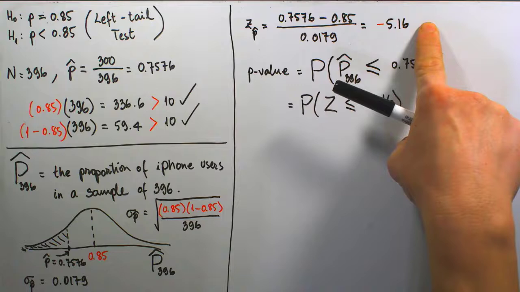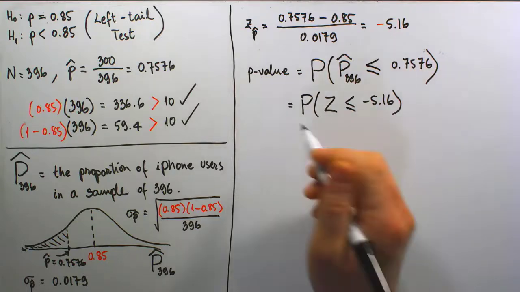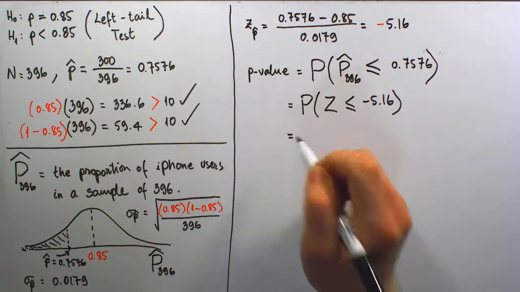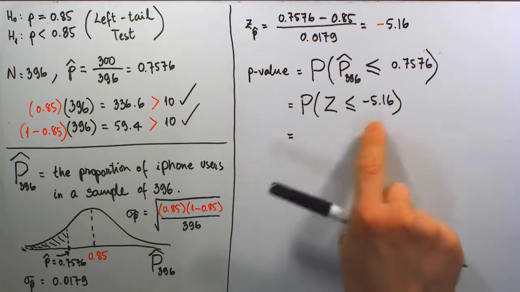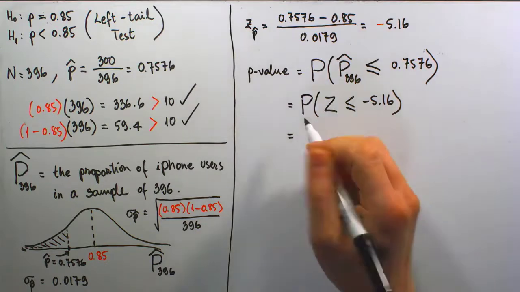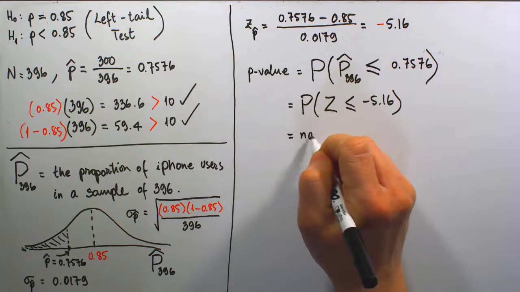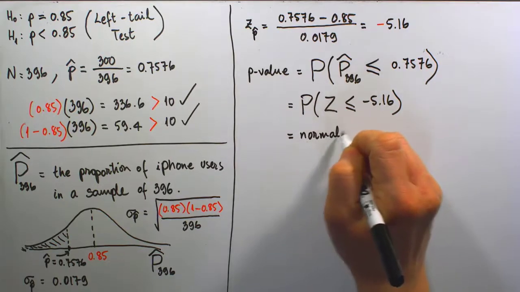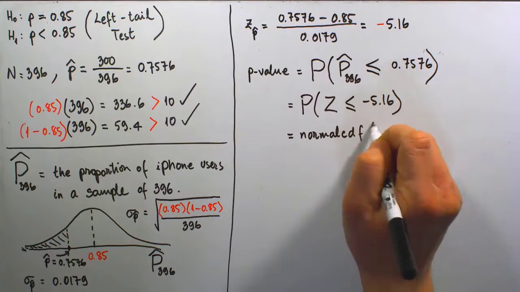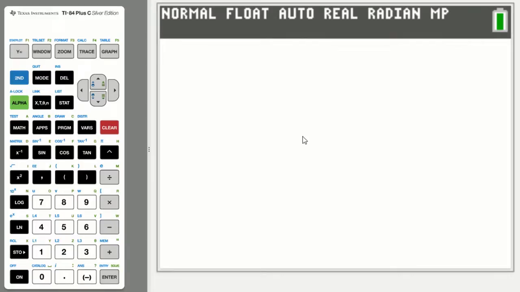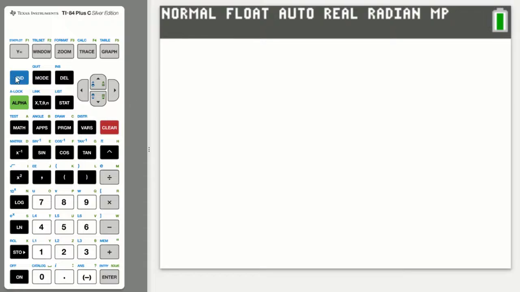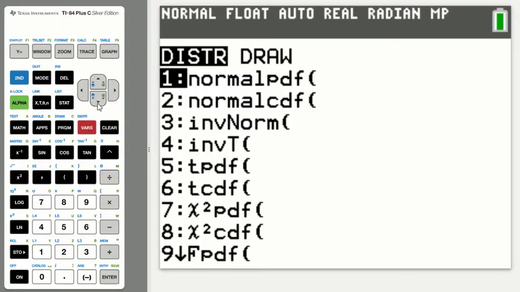Now it's just a matter of running the normal CDF command on my favorite calculator, the TI-84. So I will be calling up the normal CDF command. On my calculator, we go to 2nd, distribution, and look for the normal CDF command.